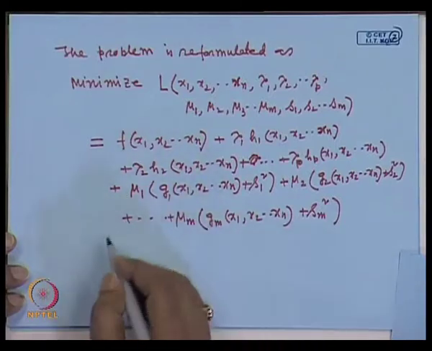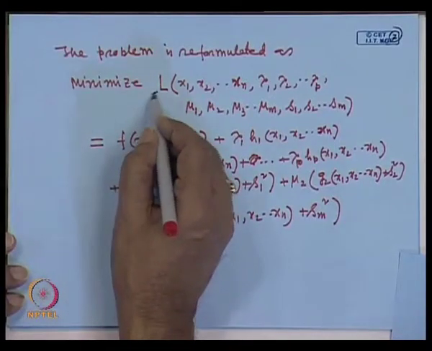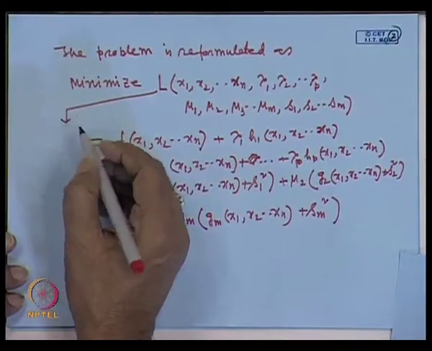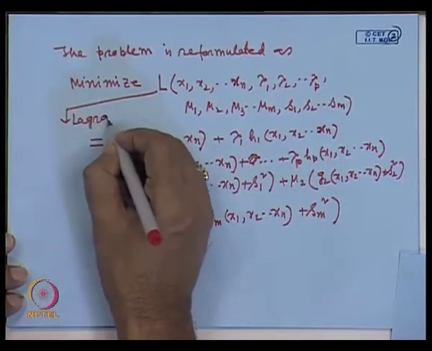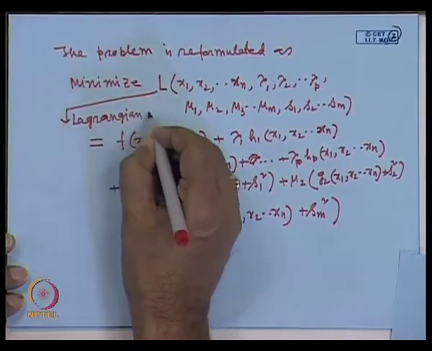Now, this L is called the Lagrangian function.